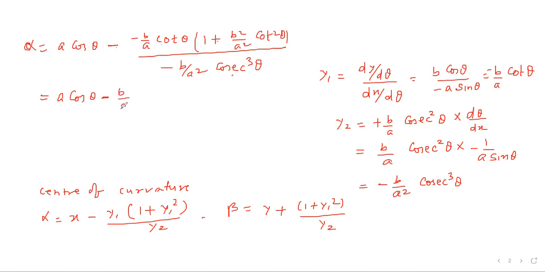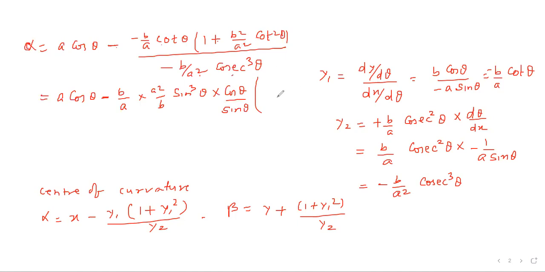It will become minus b upon a, and this will become a square upon b. This is sin cube theta in the numerator, sin cube theta into this. Cot theta is cos theta upon sin theta times.